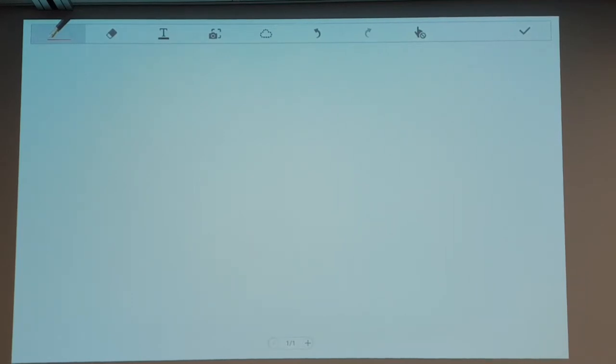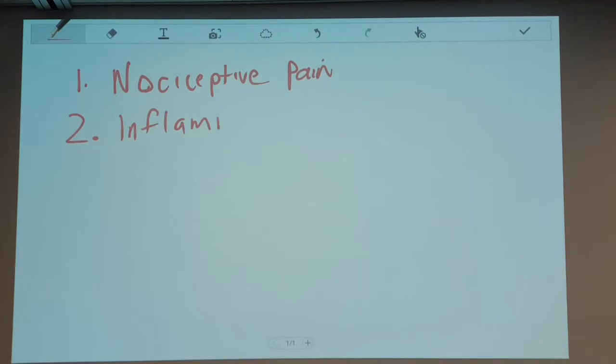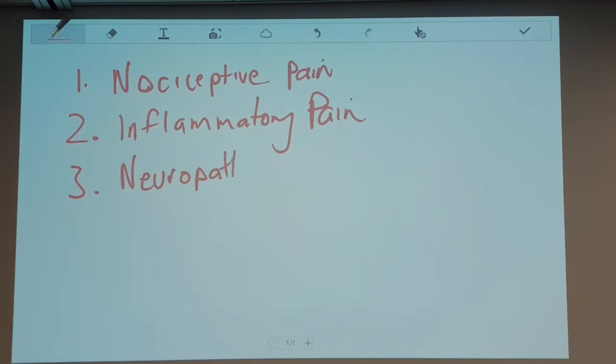The 4 broad categories are 1, nociceptive pain. 2, inflammatory pain. 3, neuropathic pain. 4, which is probably the most difficult to conceptualize, is central pain.